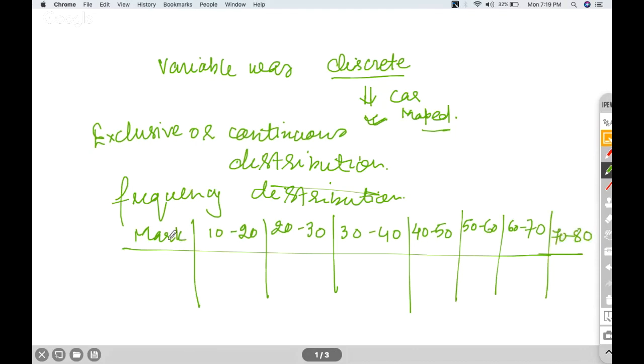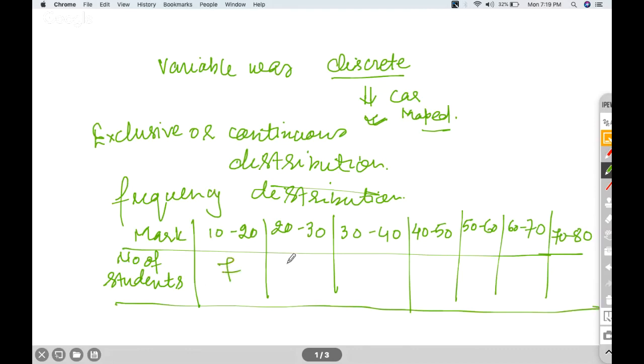And this is number of students. So number of students is 7, 11, 9, 13, 16, 4, 2.